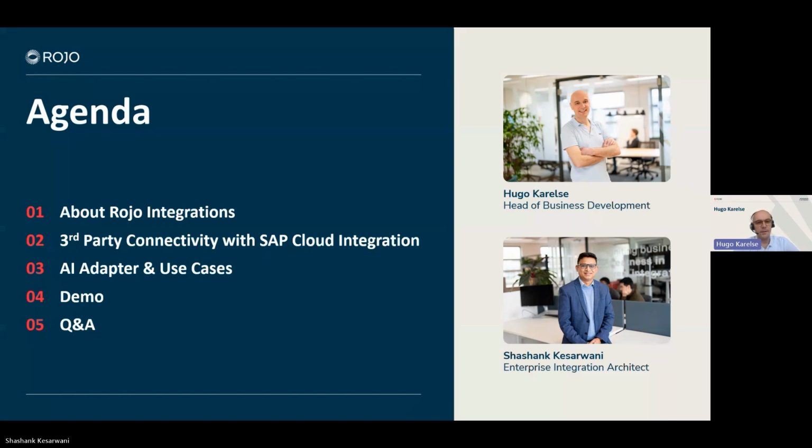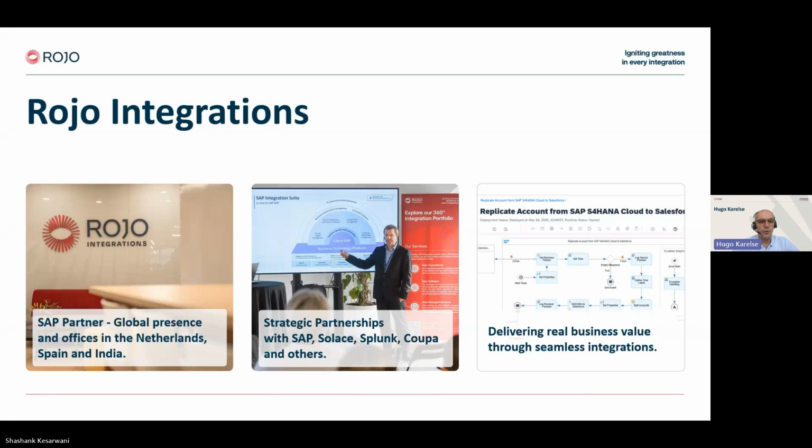Let me first introduce Rocho as a company. For those of you that haven't been interacting with us, we've been around for almost 13 years, and we are an SAP partner. We're located in the Netherlands, Spain, and India. Our strategic partnership with SAP is about third-party connectivity.